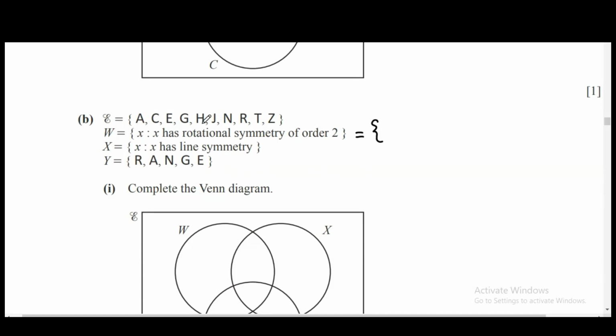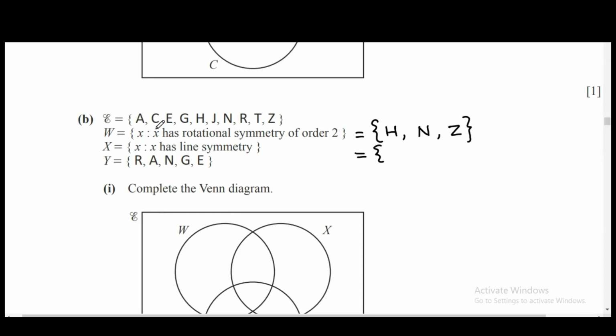In this case, only the letters H, N, and Z have rotational symmetry of order 2. And set X has a line of symmetry, either one line of symmetry or two.